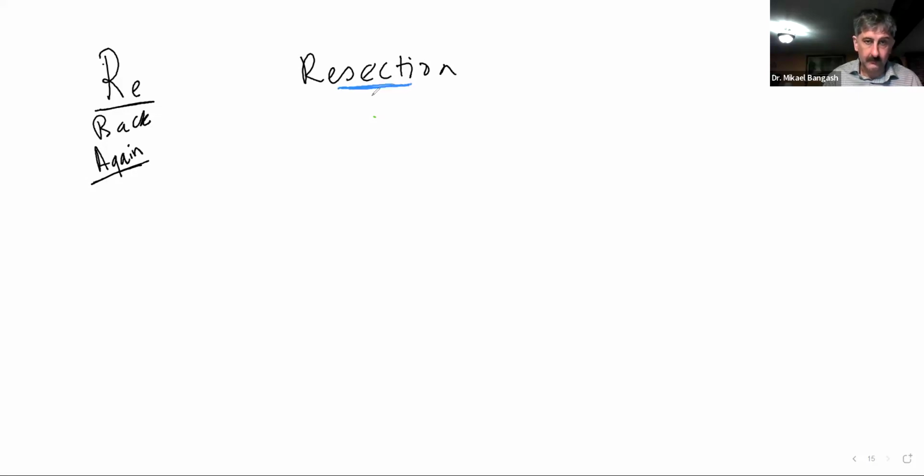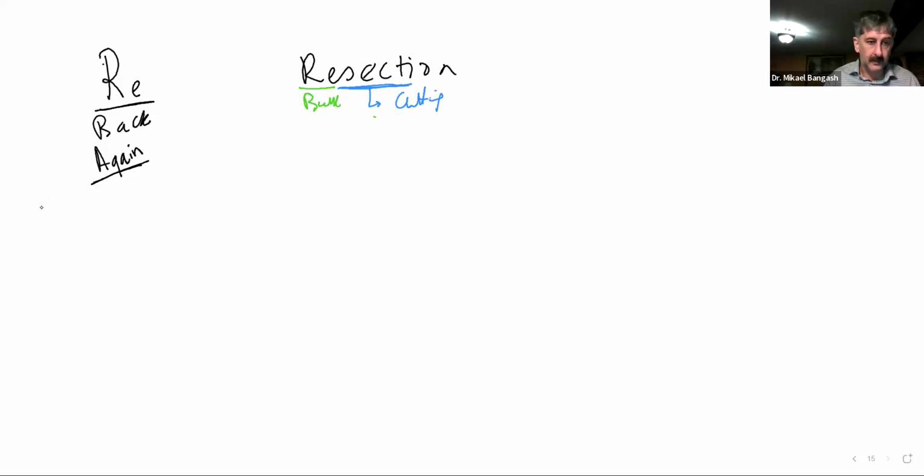the word section, also sect, mainly means the same as cutting. If we look at it, it's going to be cutting back.